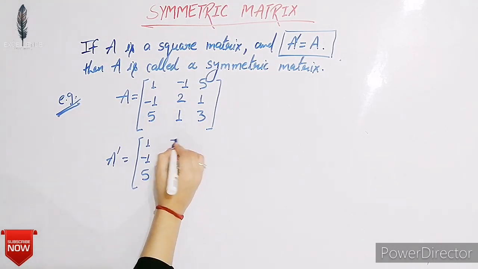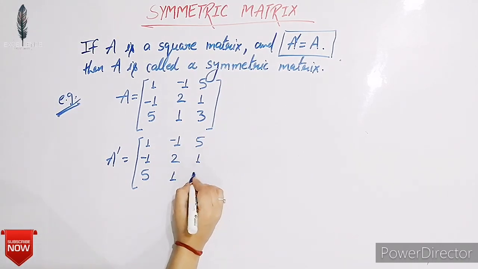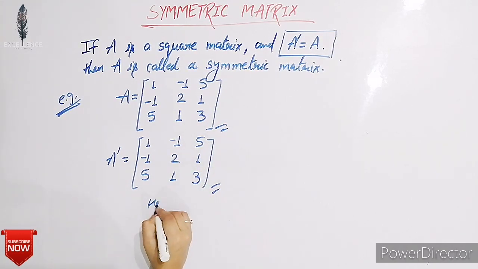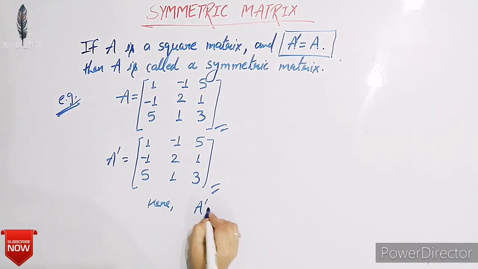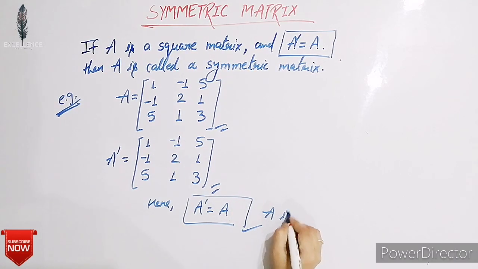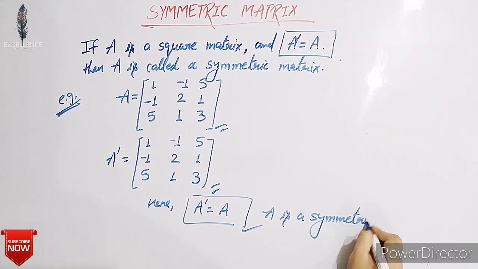So 1, -1, 5. Second row in second column, that is -1, 2, 1. Third row in third column, that is 5, 1, 3. It is a transpose of A. Clearly we can see A dash is equals to A. So here A is a symmetric matrix.